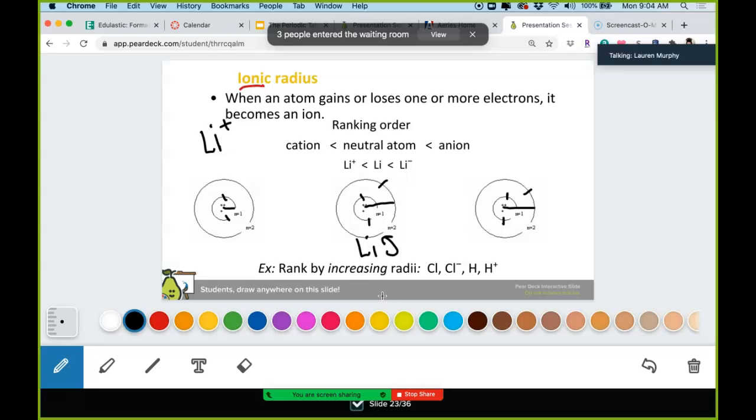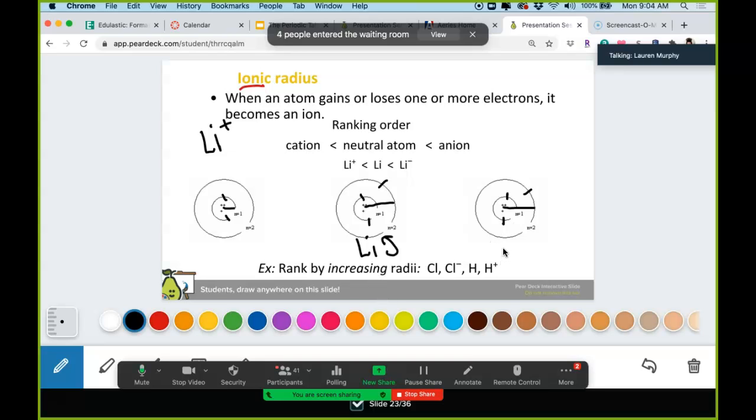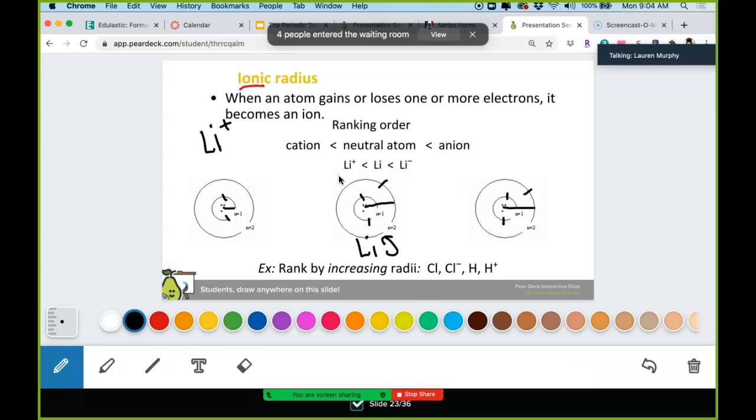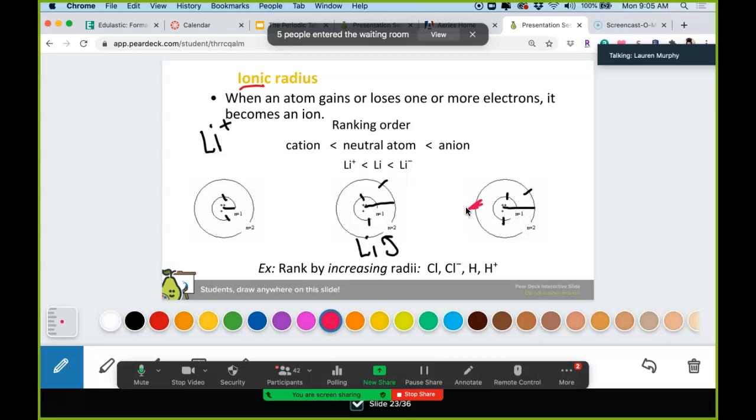Now, this is harder to see, but lithium anion, meaning I'm going to gain 1 electron, so I'm going to throw this extra electron out here. Electrons repel other electrons, so what are they going to do? They're going to move away from each other.